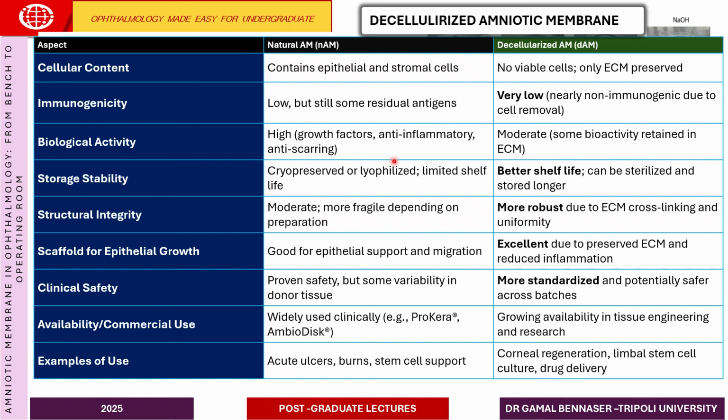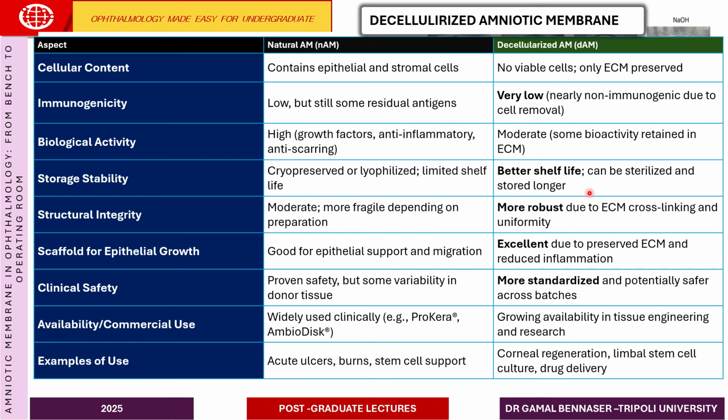However, there will be some moderate reduction in the biologically active substances in the decellularized one, as some is still retained in the extracellular matrix. As far as the storage, the natural one is stored by cryopreservation or lyophilization, with a limited shelf life. However, the decellularized one has a better shelf life and can be sterilized and stored for a long time.